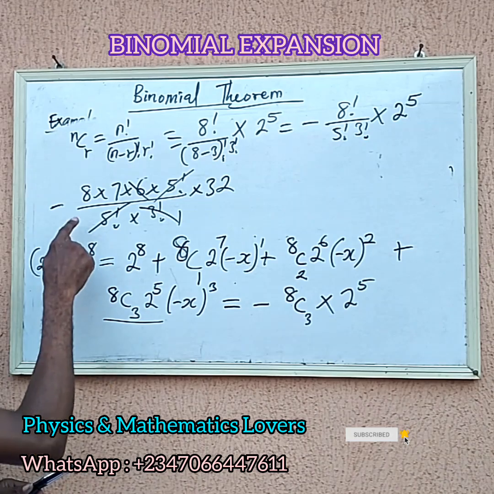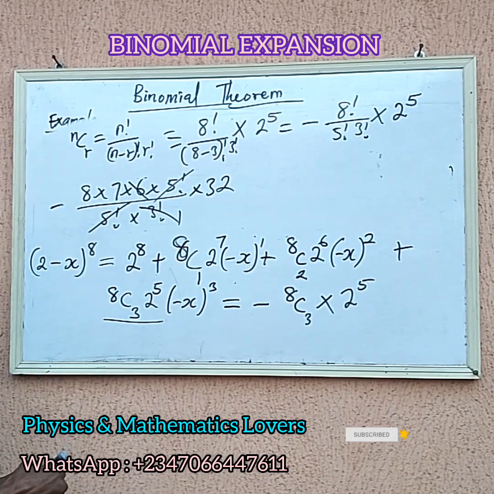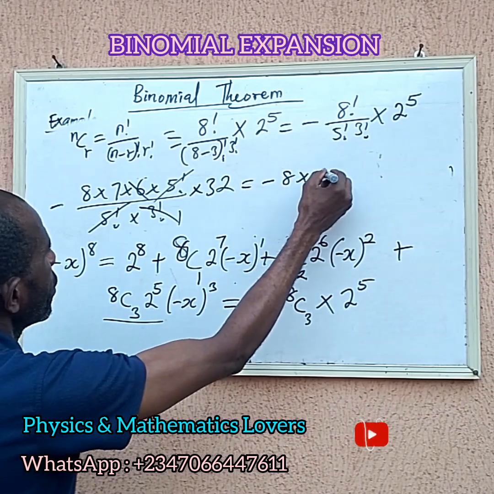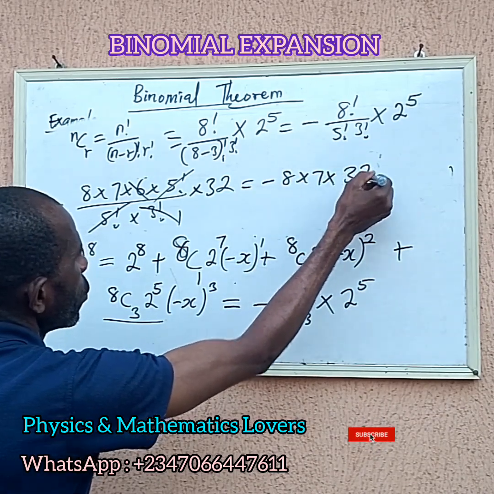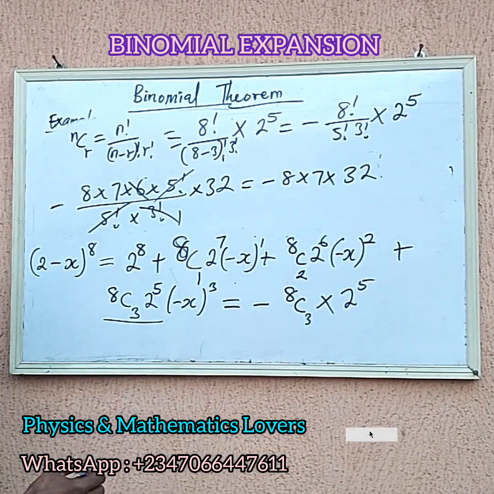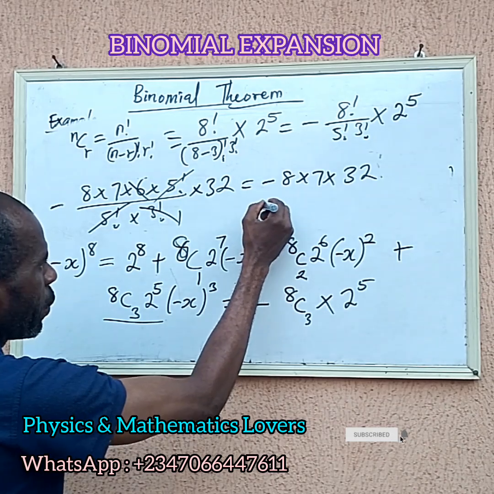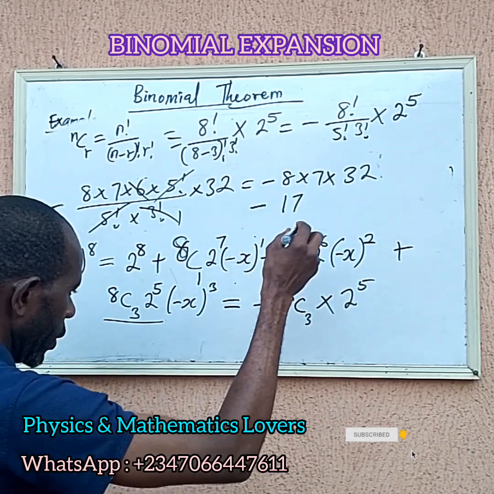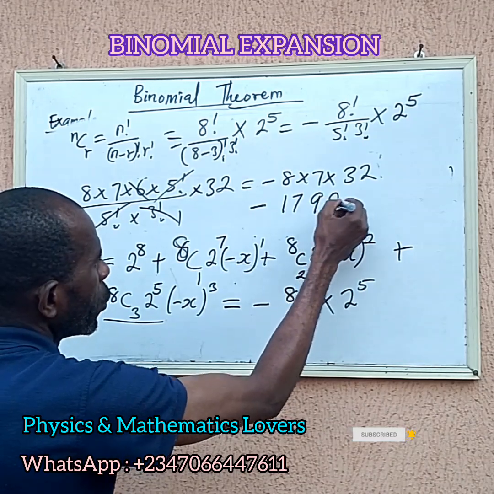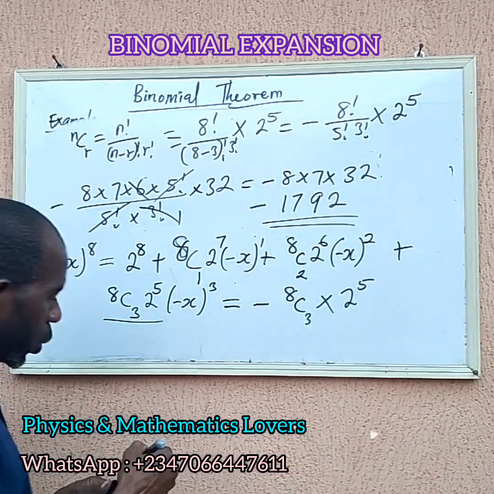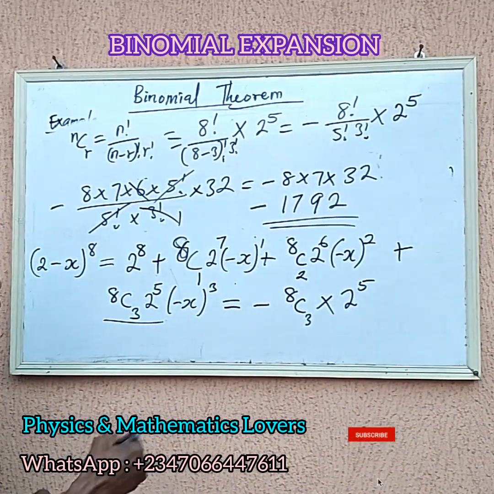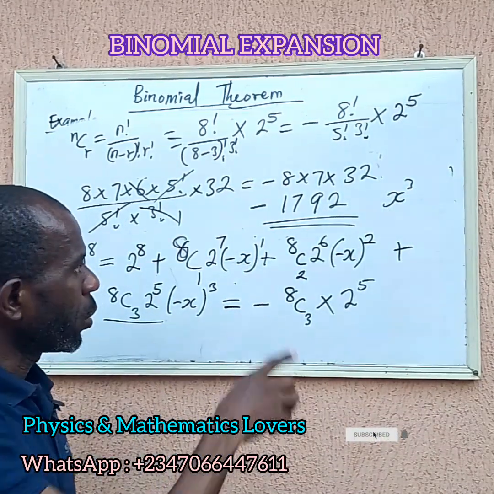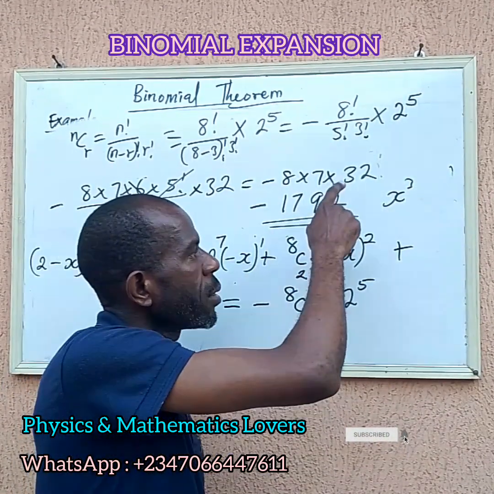We are now left with 8 and 7, so we have minus 8 times 7 times 32. Multiplying this, the final answer is minus 1792. So this is the coefficient of x raised to power 3, that is minus 1792.